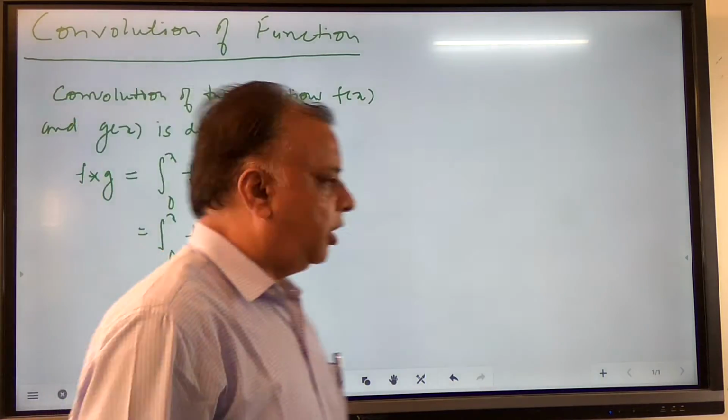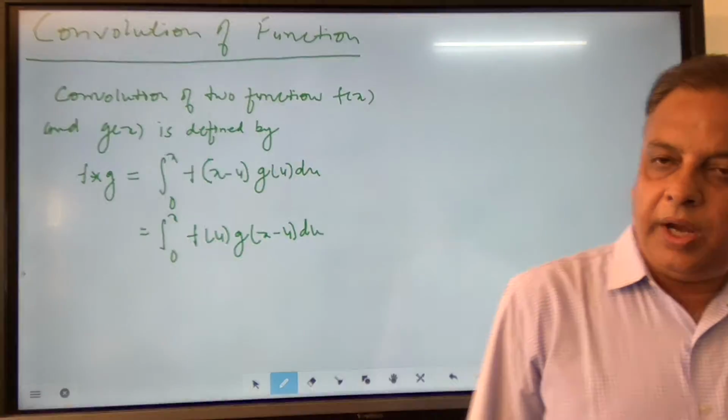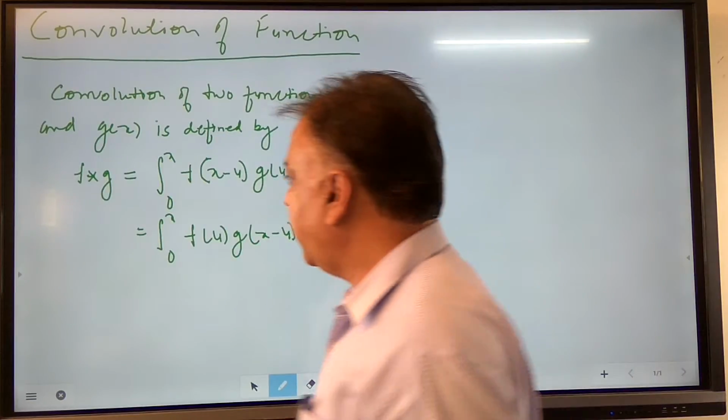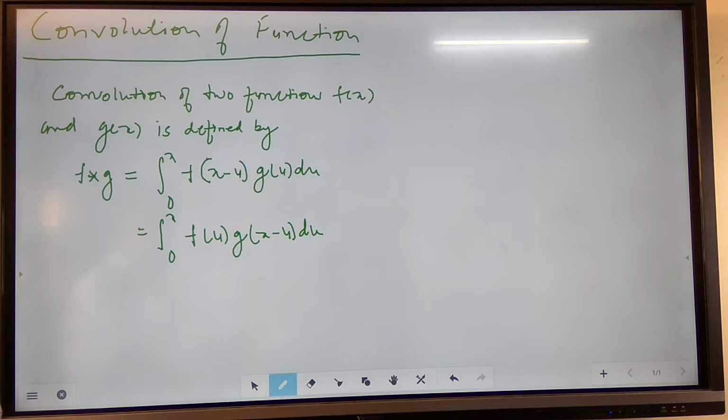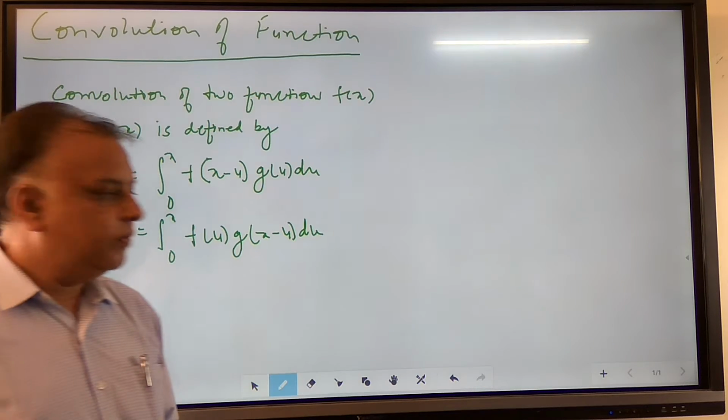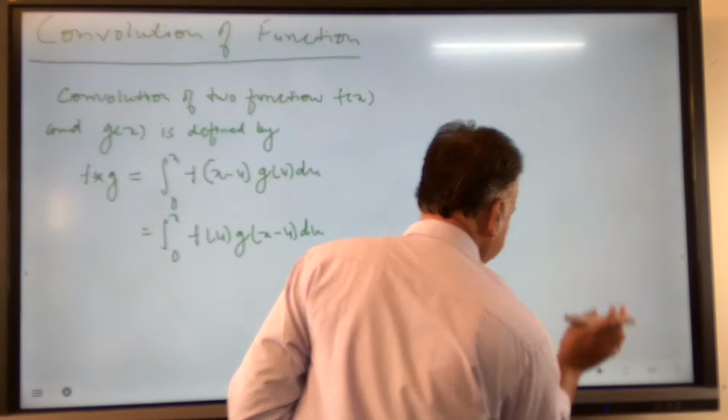So the convolution of two functions f and g is denoted by f star g, and it is given by integral 0 to x f of u g of (x minus u) du. So this is the convolution of two functions.